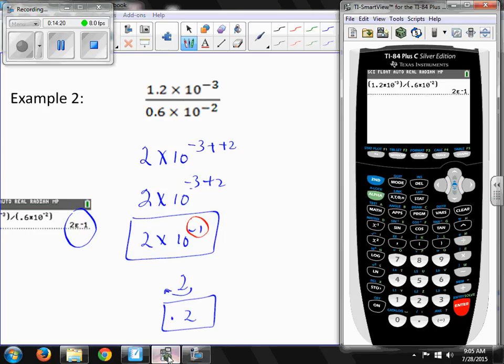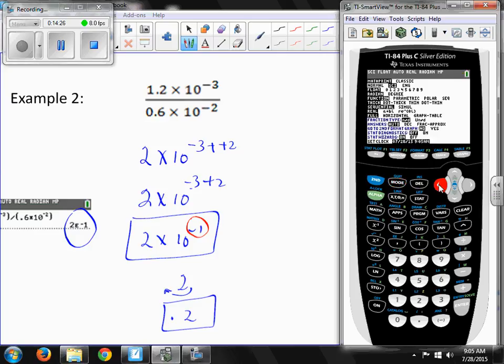Okay, now I want to get it back into standard notation, so I'm going to go to mode, and I'm going to hit the left arrow and get it back in the normal mode. See how it's blinking on normal? I'm going to hit enter, and then I'm going to hit second quit.